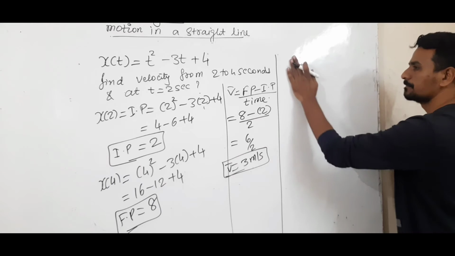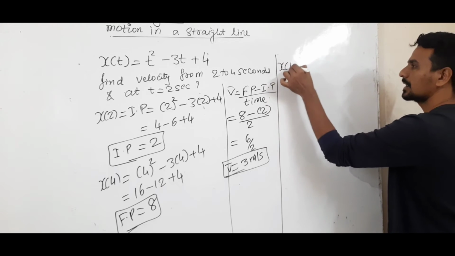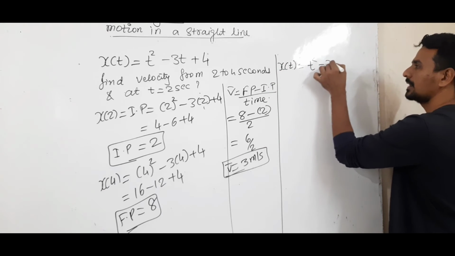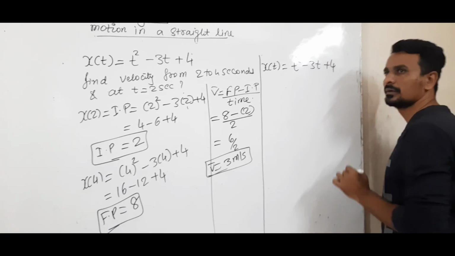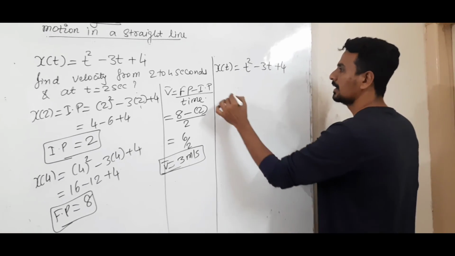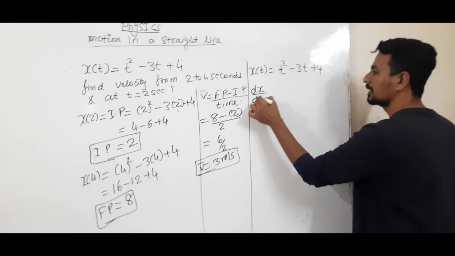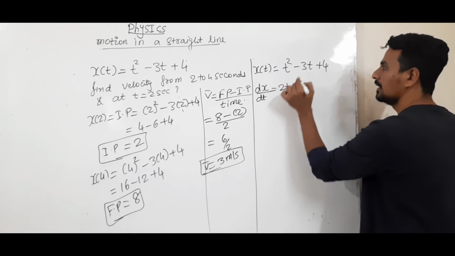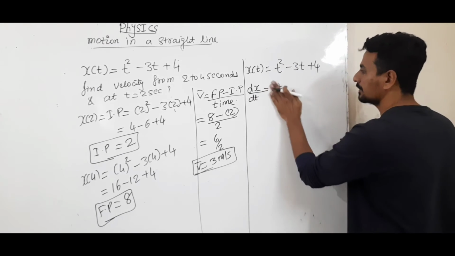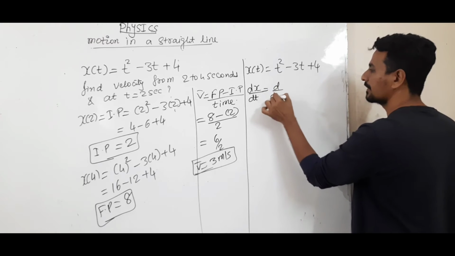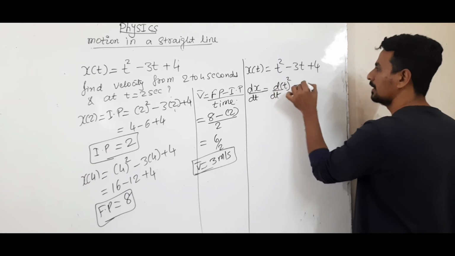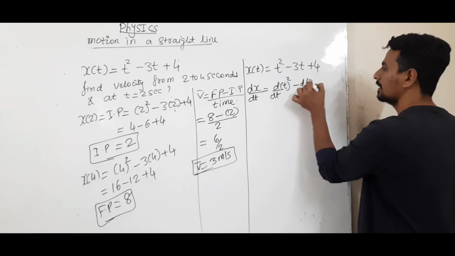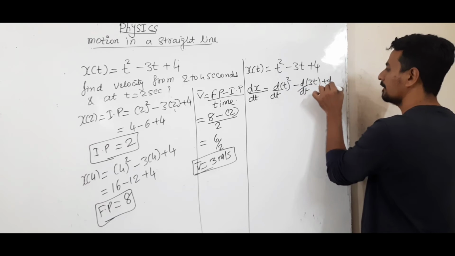Okay, differentiation. See, this is your question, x of t, t square minus 3t plus 4. Let us differentiate this. dx by dt equals to d by dt of t square, d by dt of 3t plus d by dt of 4.